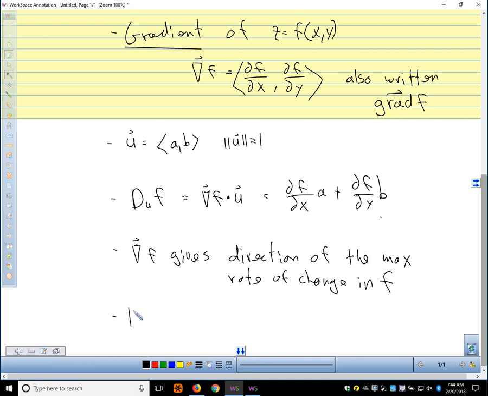And the magnitude of del f at a particular point gives the magnitude of the maximum rate of change. So those were the kind of distilling down what we talked about last time into some bullet points.